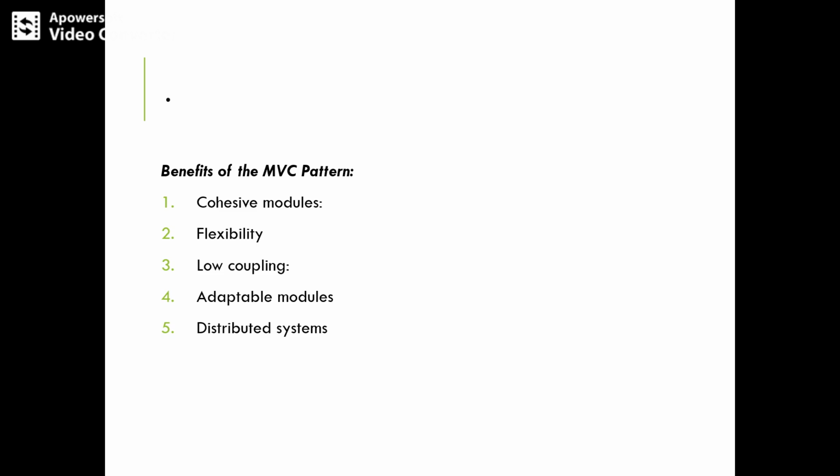This adds flexibility with respect to the nature of the view or the controller. So we observe that the complete MVC architecture pattern is flexible. The third one is very important, that is low coupling.